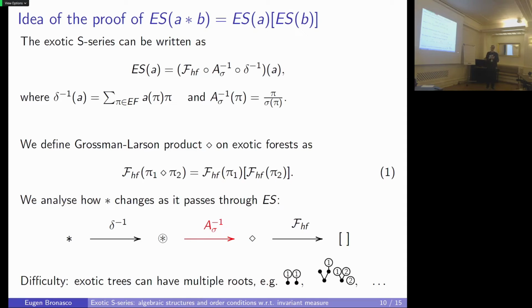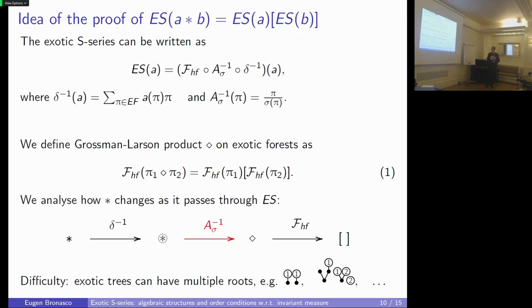Now, the delta minus 1 and F properties are straightforward, but the A sigma minus 1 here requires some work, because the original proof of this fact on classical trees required the trees to have one root. In our case, an exotic tree can have multiple roots, and here we have some examples.